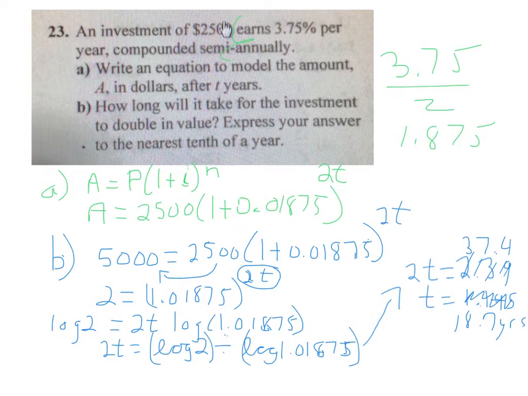The rule of thumb when you're doing a problem like this is called the rule of 72. What the rule of 72 is: if you take 72 and divide by the interest rate, it'll tell you roughly how many years it takes for an investment to double. So let me just start a new page here.